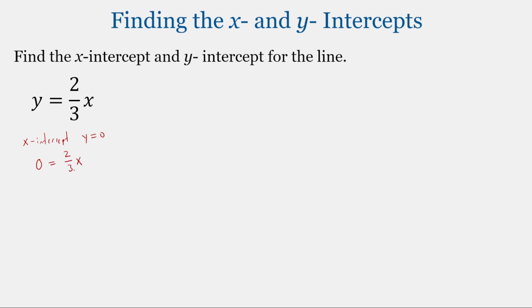So now we're going to divide by 2/3, which is the same thing as multiplying by 3/2. Multiply by the reciprocal, and do that to both sides. 3/2 times 0 is 0. We end up with 0 equal to x. So we have the origin, 0, 0. Or we can say that the x-intercept is 0.